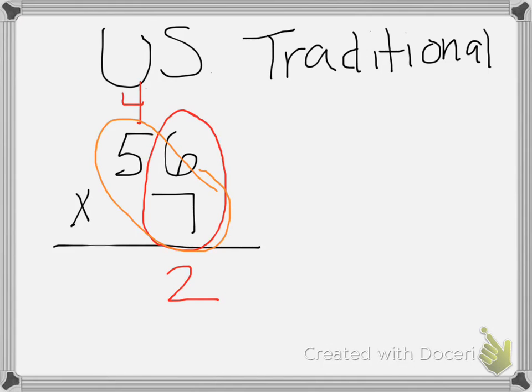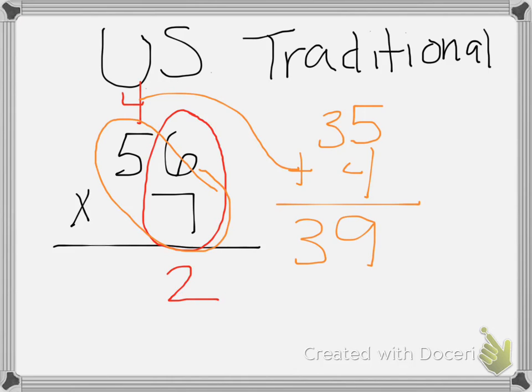I circled them in orange. 7 times 5 equals 35 tens. So I have 35. Now I need to add the 4 from above the 5, which gives me 39 tens. Or 9 tens and 3 hundreds.